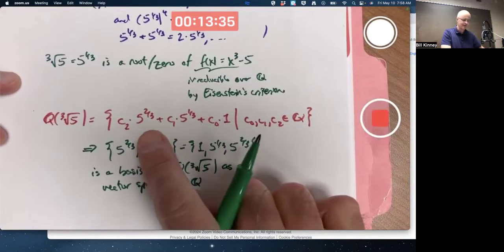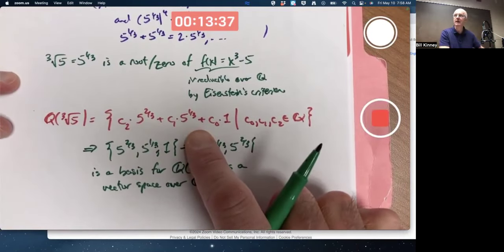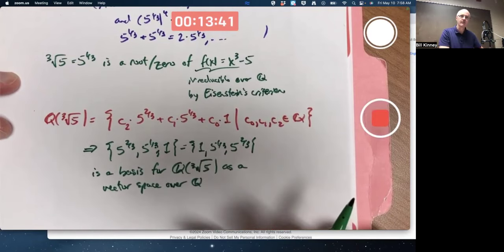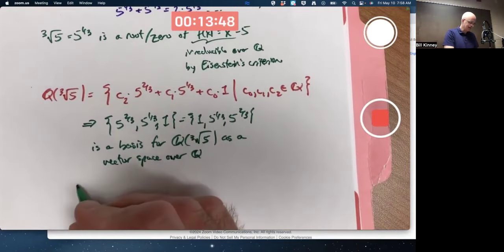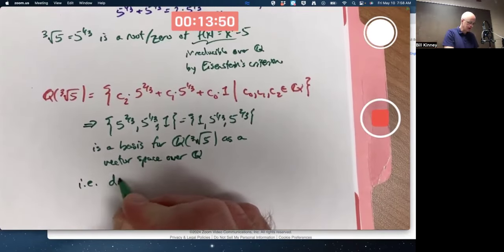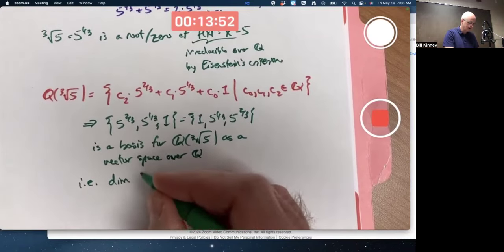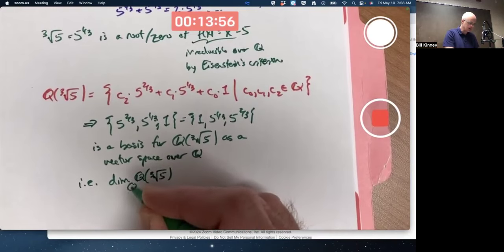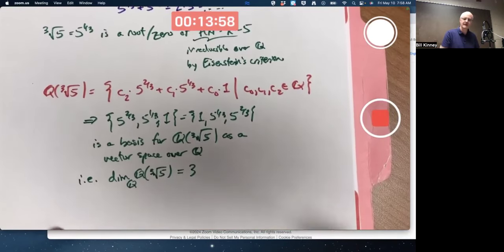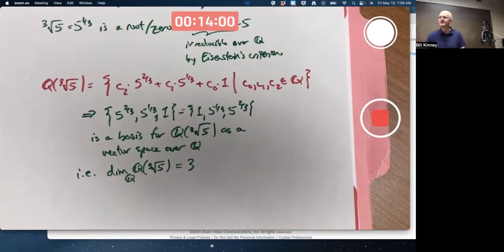The only way this kind of linear combination is going to equal the number 0 is if all the coefficients are 0, when I assume those coefficients are rational numbers. This also means the dimension of Q adjoin the cube root of 5 as a vector space over Q is 3, because it's got a basis with 3 elements.